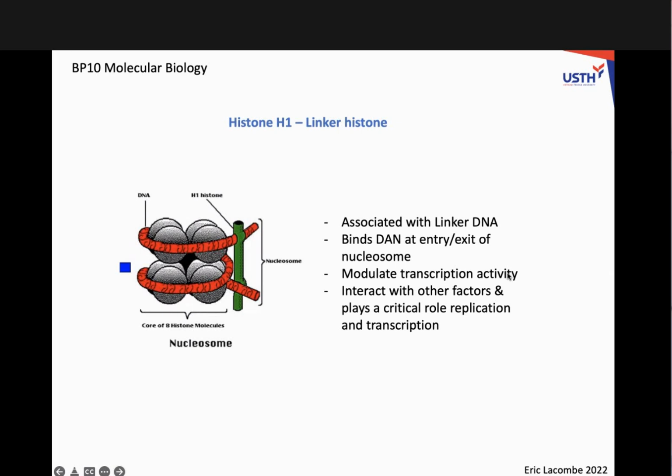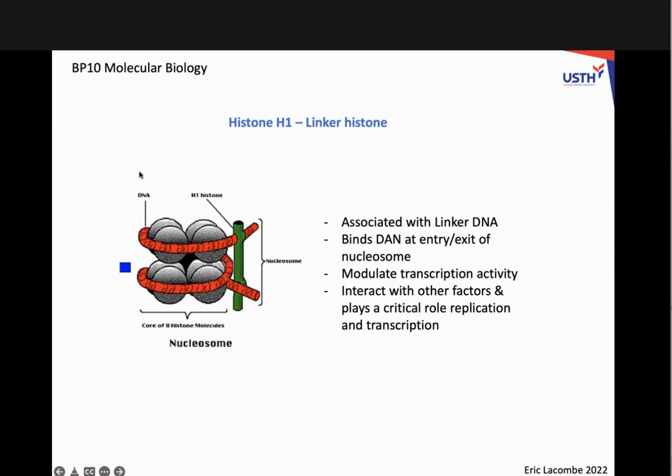So it makes sense that H1 is responsible for modulating the transcriptional activity, because according to the state of H1, it can either participate in the compaction of the chromatin or in the relaxation of the chromatin. And because the state of compaction is directly linked to the transcriptional activity, there is a link between the way H1 works and the transcriptional activity. This protein interacts with plenty of other factors, and you can imagine that it plays a role in replication and transcription.